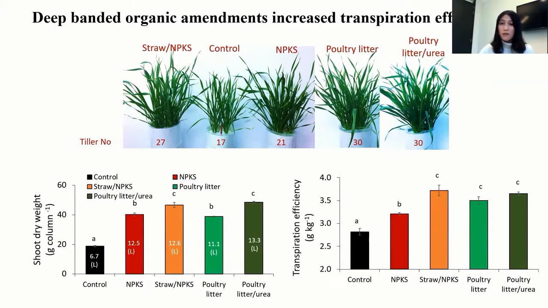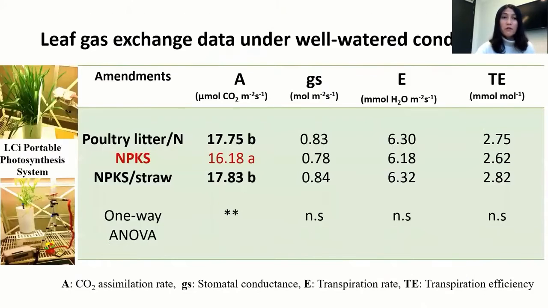But in this experiment, we also measured the transpiration efficiency at the leaf level using the LI-COR portable photosynthesis system. And we did the measurements every 2 days for at least more than 30 days, in the early stage under well-watered conditions, and in the later stage during the dry and rewetting cycle.